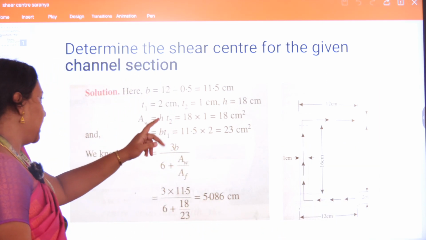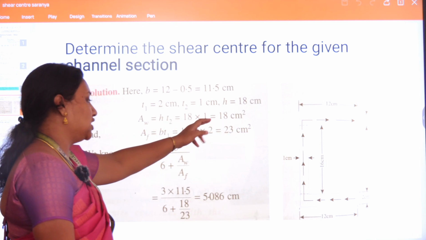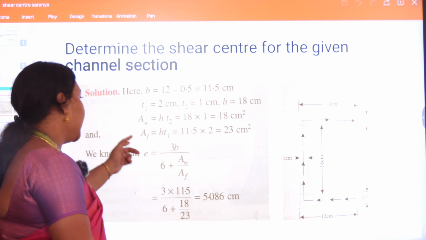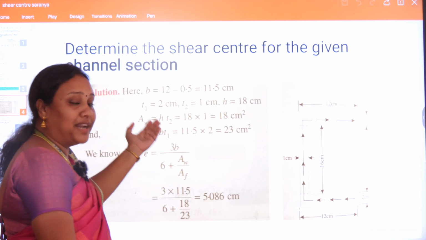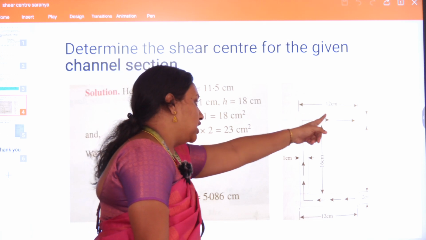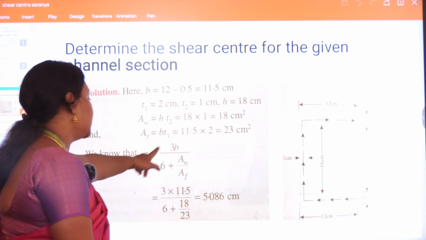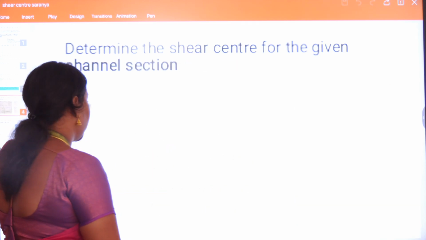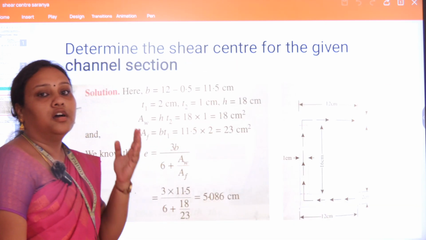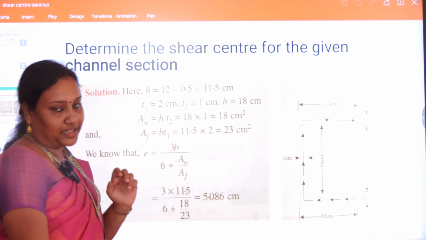Area of the web is height into thickness of the web portion, that is 18 into 1, which gives the area to be 18 centimeter square. Similarly, area of the flange is equal to breadth of the flange into thickness of the flange. As we already know, the breadth of the flange should be taken from the center of the web portion till the end of the flange, that is 11.5, into thickness of the flange portion, 2 centimeters, so that comes around 23 centimeter square.